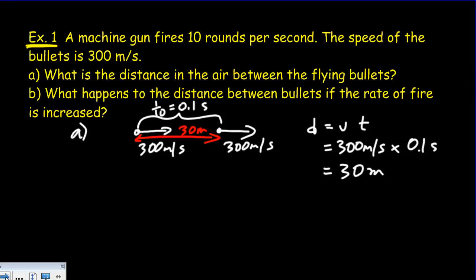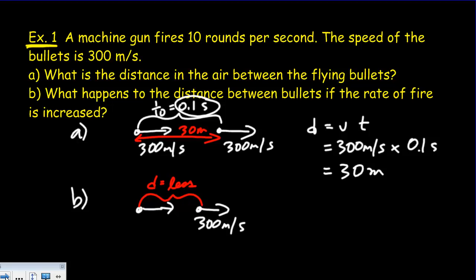And in part B, hopefully you said that if you increase the rate at which you fire, then this time is going to drop, and that means the distance between the bullets will decrease. So it'd still be moving at 300 meters per second. That wouldn't change. But this distance between them is going to be less.